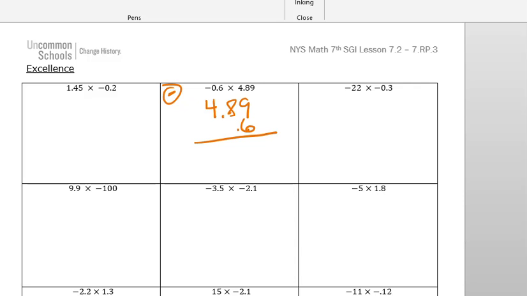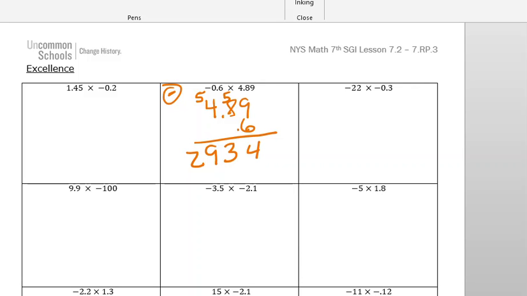All right, so I have 6 times 9, which gives me 54. Okay. 6 times 8, which is 48, plus 5 is 53. 6 times 4, which is 24, plus 5 is 29. All right.